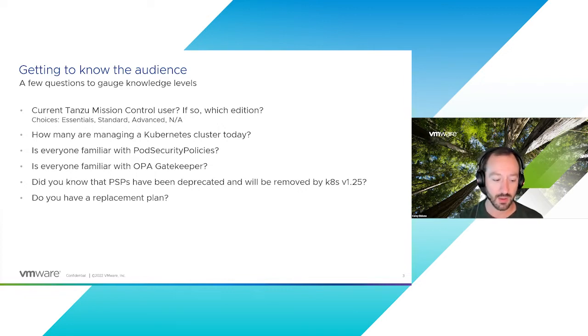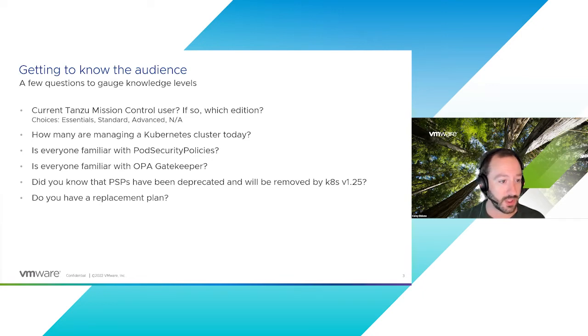For example, if we have a namespace that has an application A key applied, the Gatekeeper policy would say that that namespace and any pod within it can only retrieve keys that correspond to that particular tag on that namespace. So you can do quite complex things, or quite simple things. It really just depends. I see nobody's really familiar with OPA Gatekeeper policies, so we'll definitely spend a few minutes going into that.